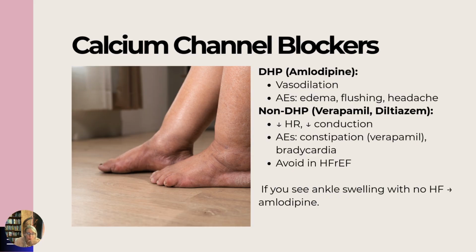If you see ankle swelling with no heart failure, then oftentimes that's amlodipine as the drug. This used to be pregnancy category C, so they didn't use it unless they absolutely have to, but it isn't a complete contraindication with pregnancy.